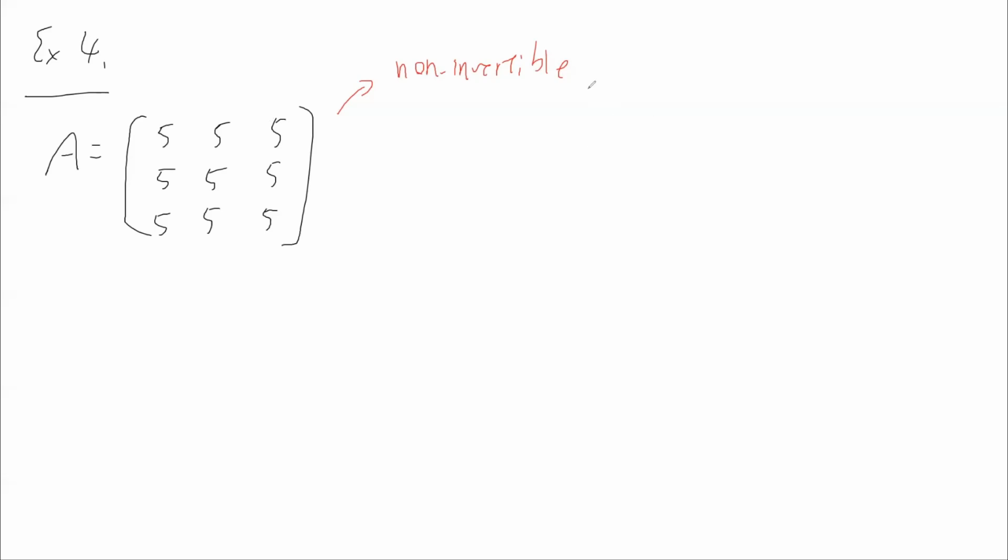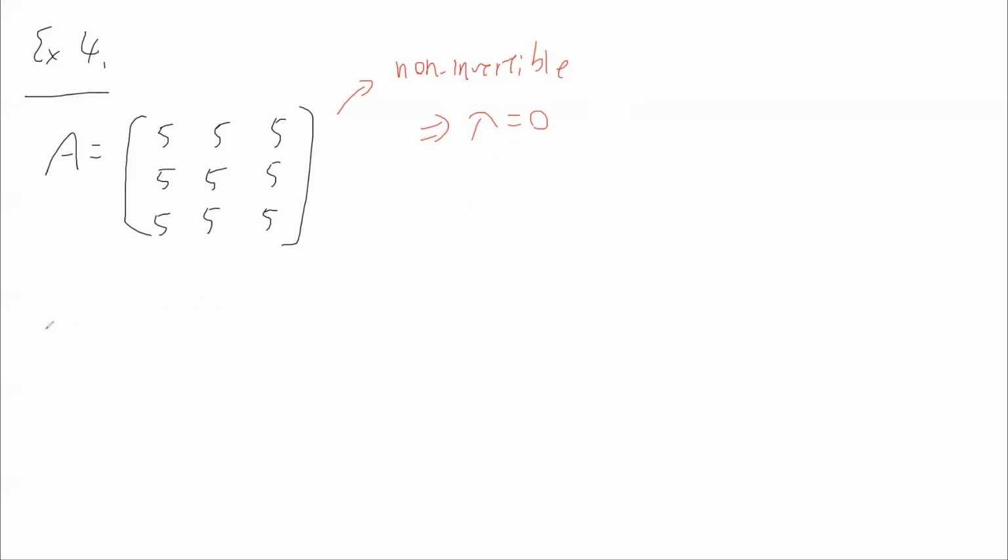One property that we didn't talk about is that if it's non-invertible, then 0 is an eigenvalue. So we will have an eigenvalue of 0.